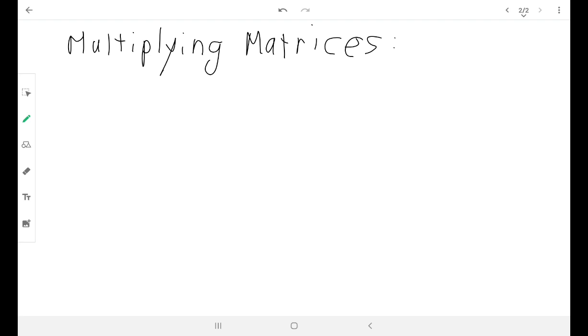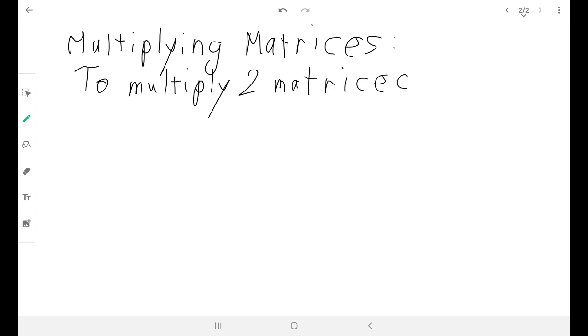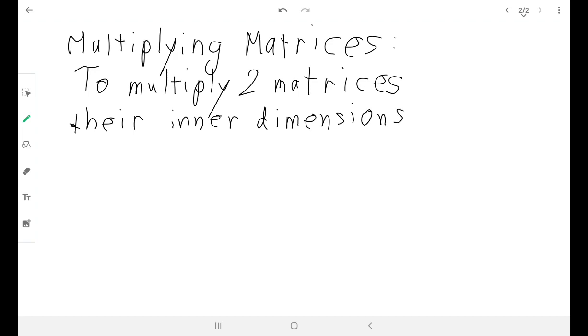And the conditions are: to multiply two matrices, their inner dimensions must be the same.